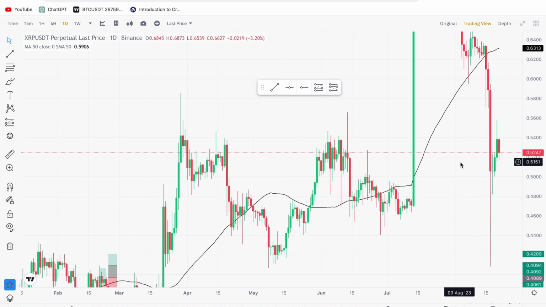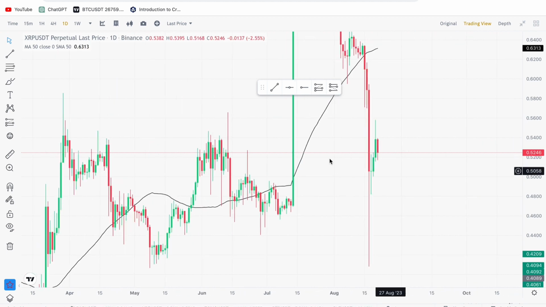So the 1D means daily time frame. Looking at the past 2 days, XRP has been moving to the upside, but just the last day, that was the past 24 hours, we saw a drop from about 0.5600 to about 0.5248.